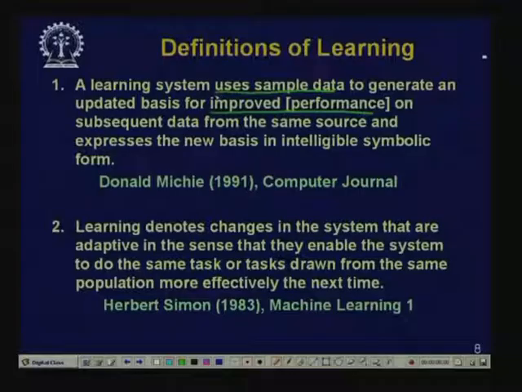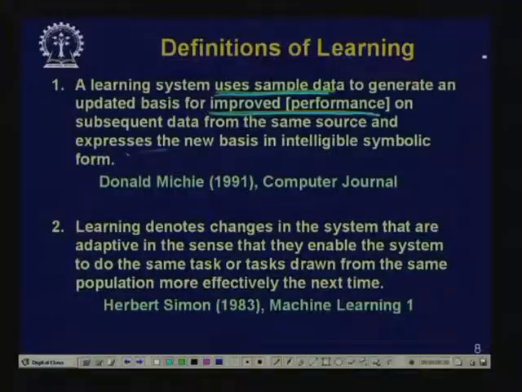So, the system uses input data to get a model which can help it to improve its performance on new data, but data that is coming from similar sort of examples, data from the same source. And this model or this thing that has been learned is expressed in a symbolic form which can be understood and which can be manipulated. So, this is the definition by Donald Michie.